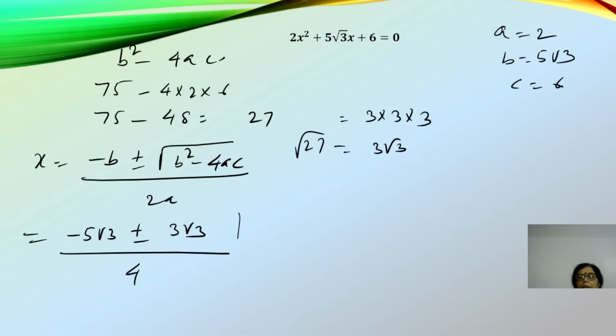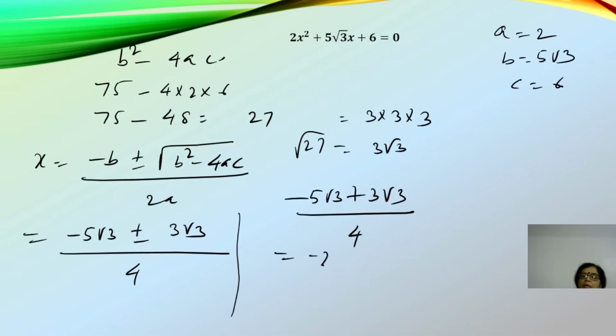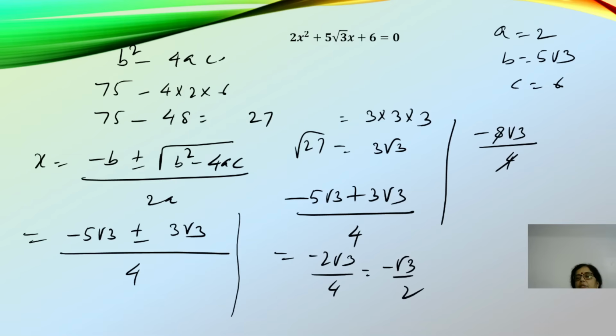Now if we take the plus sign, we get minus 5 root 3 plus 3 root 3 by 4. So that is minus 2 root 3 by 4, that is minus root 3 by 2. If we take the negative sign, it will become minus 8 root 3 by 4, that is minus 2 root 3. So one solution is minus root 3 by 2, other solution is minus 2 root 3.